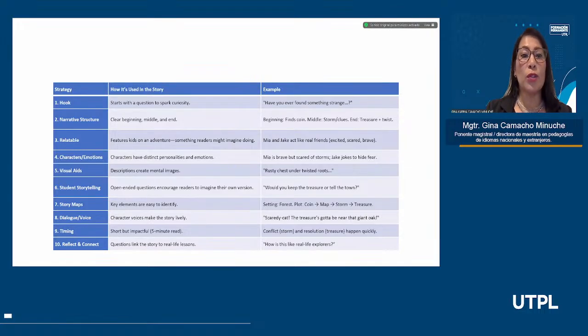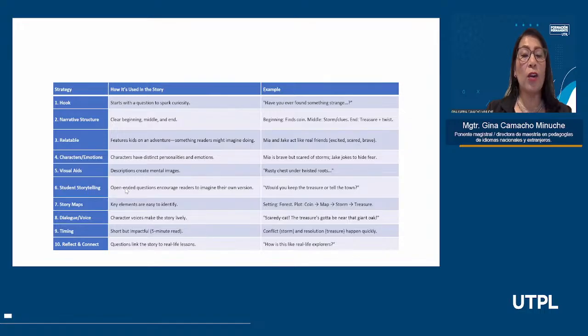Character and emotions. Characters have distinct personalities and emotions, of course. Mia is brave, but scared of storms. Jake jokes to hide fear. Visual aids. Descriptions create mental images. Rusty chests and their twisted roots.